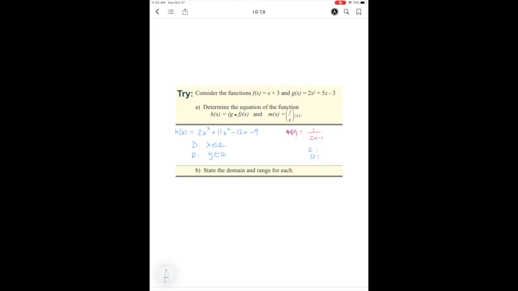Again, domain and range here will be covered in more depth in a later learning guide, so we'll just stop there.